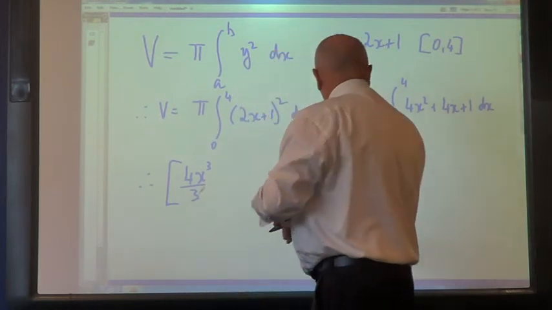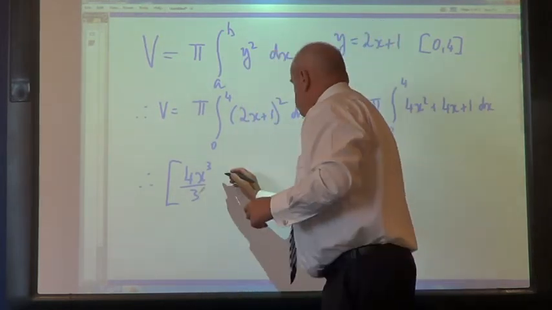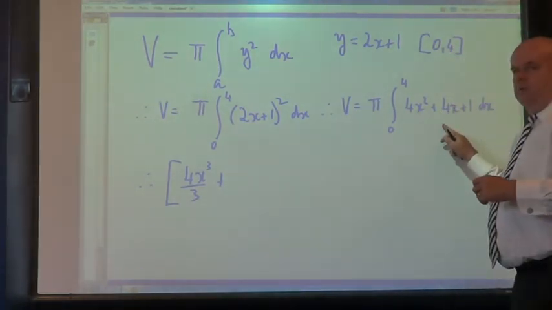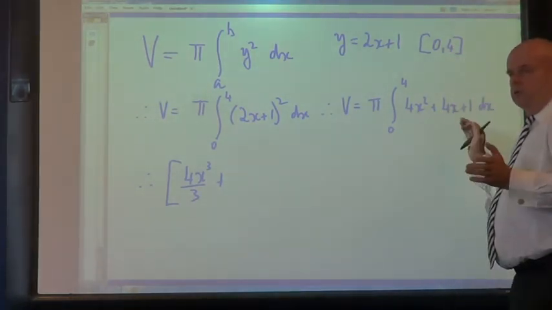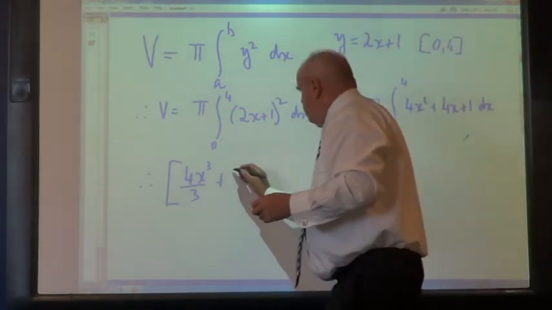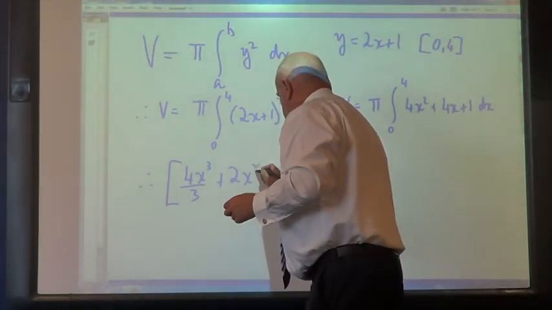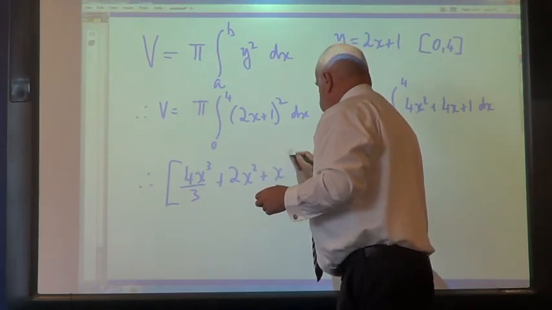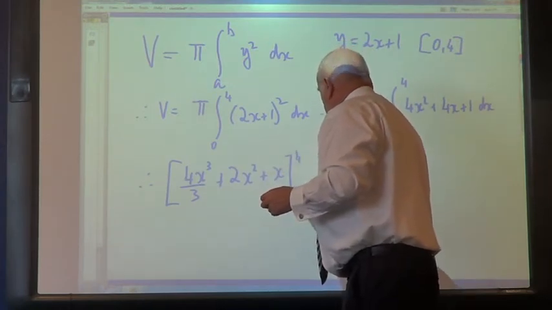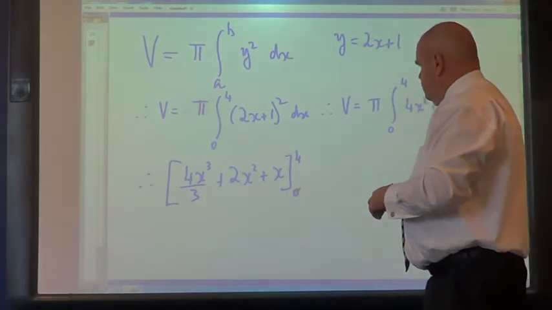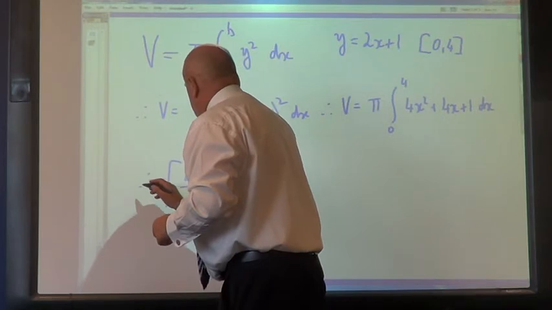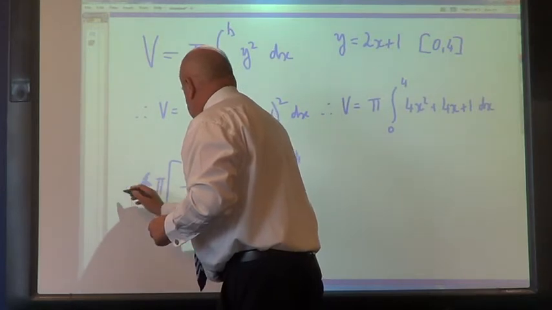Our new index is 3. Plus, now, it's going to be 4x squared on 2, isn't it? Can we just call it 2x squared, to cut out a bit of working out? And then plus x. Our limits, of course, were 4 and 0. I should say pi out the front.